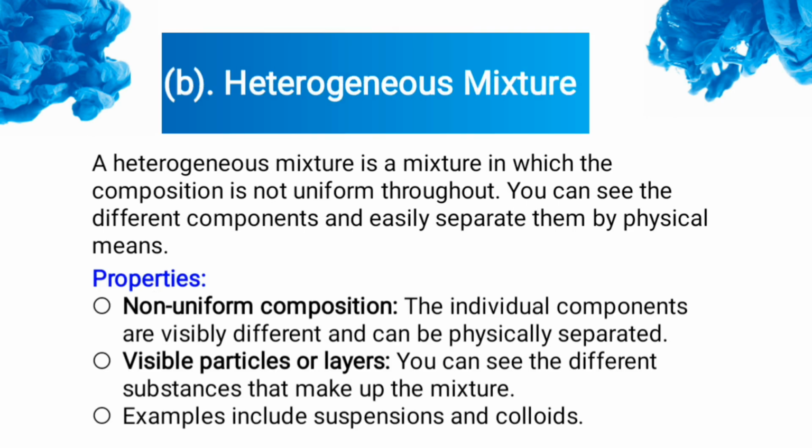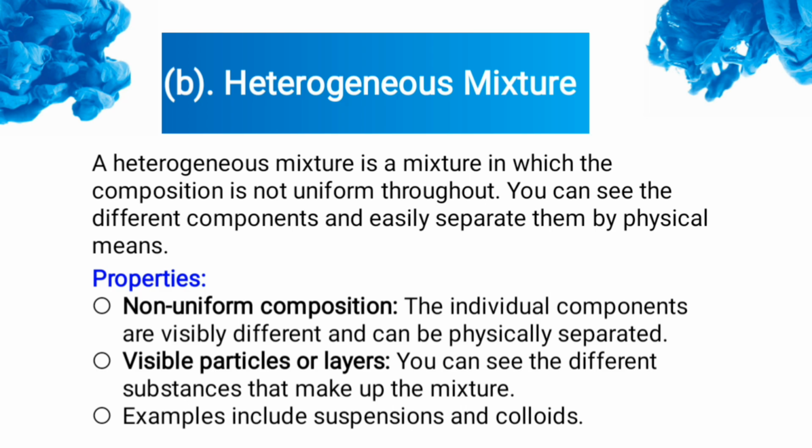So the second one is heterogeneous mixture. A heterogeneous mixture is a mixture in which the composition is not uniform throughout. You can see the different components and easily separate them by physical means. Properties of heterogeneous mixtures: non-uniform composition.